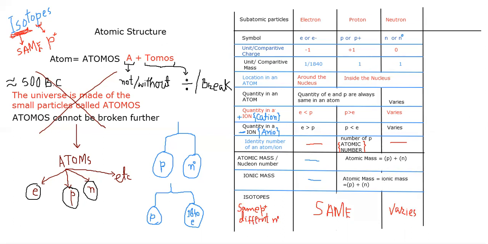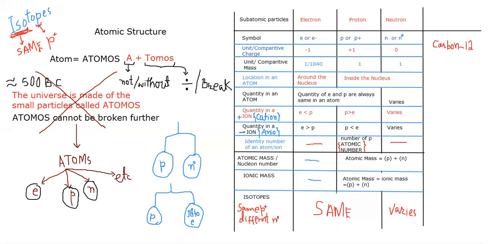Let's suppose I'm just going to tell you about carbon 12. The example of atomic structure that I'm going to share here is carbon 12. I'm just going to draw the structure of carbon 12 here.